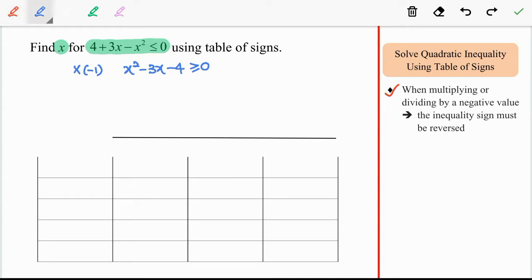Next, we are going to factorize this quadratic expression. So we have x plus 1 times x minus 4. Now, let each of these factors equal 0.